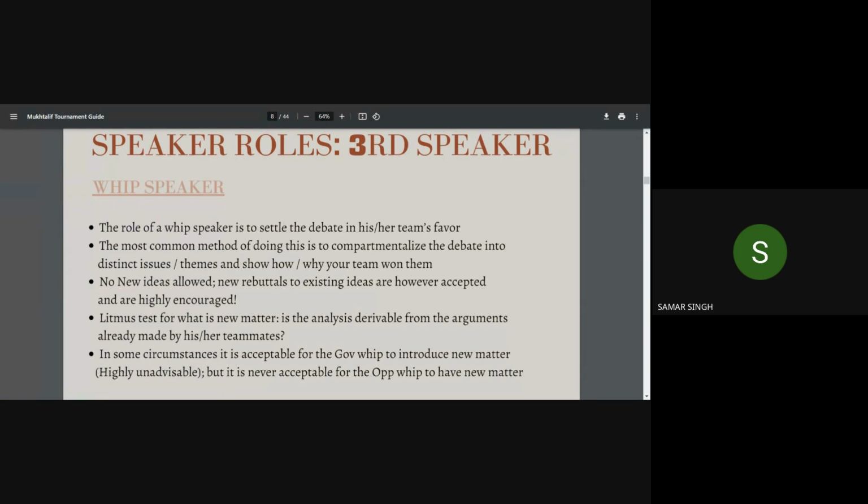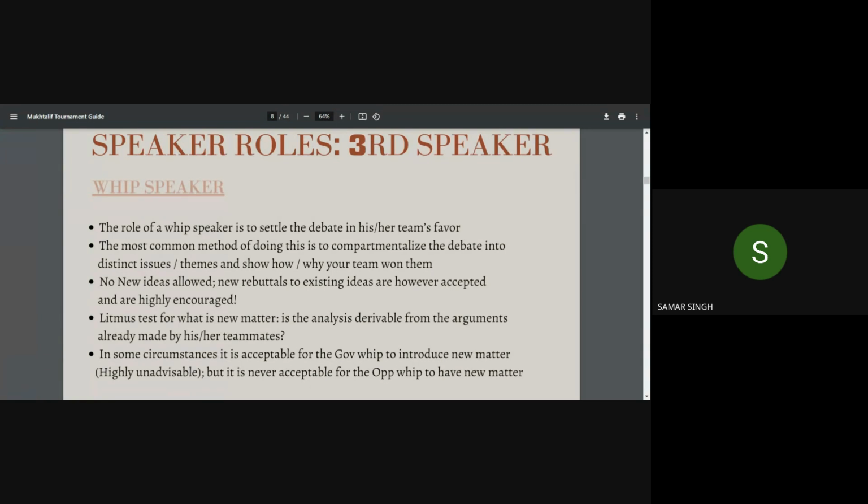So you can come in and compare the sides by saying that for the argument of inflation, my side, which is the government, still wins this debate because we were able to prove how that rebuttal is stronger than the argument itself and how we were able to reply to it in a better way. So you can give reasons why your rebuttal damaged the argument of the opposition and wins against the opposition, even on the point of inflation.